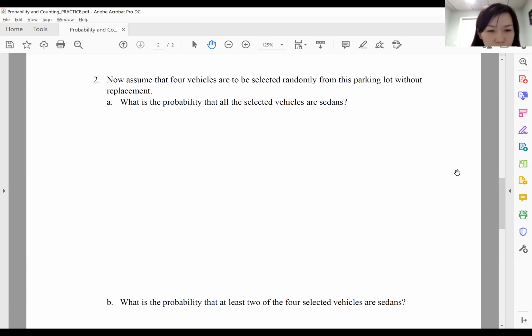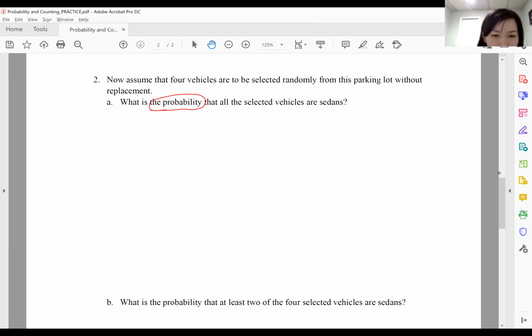Assume that 4 vehicles are to be selected randomly from this parking lot without replacement. What's the probability that all the selected vehicles are sedans? Let's go back to the discussion that we started this class with. We are trying to find the probability that 4 vehicles are selected randomly from this parking lot, and specifically I'm looking at an event where all those 4 vehicles are sedans.